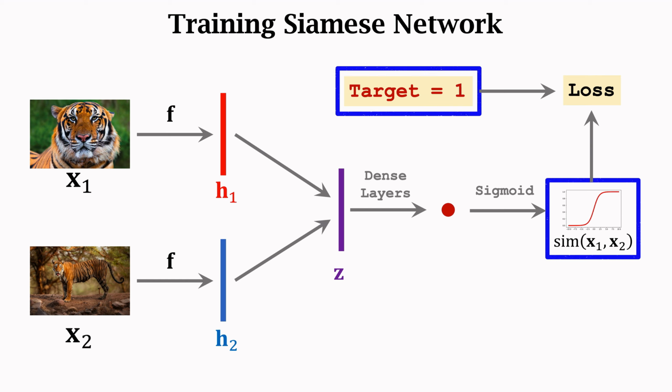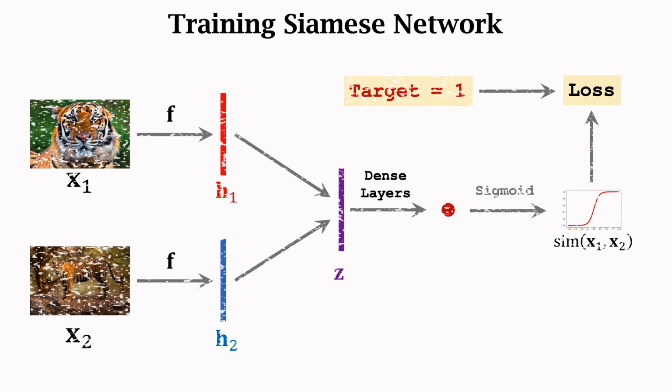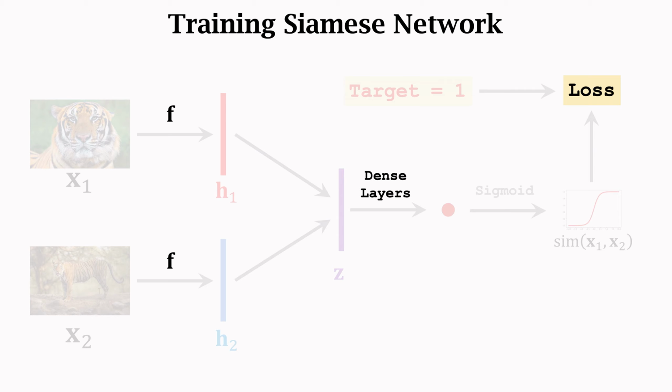The loss can be the cross entropy of the target and the prediction. It measures the difference between the two. Having the loss, we can use backpropagation for calculating the gradients. Then we perform gradient descent to update the model parameters.